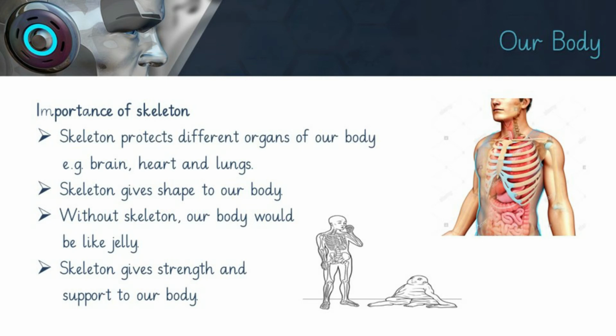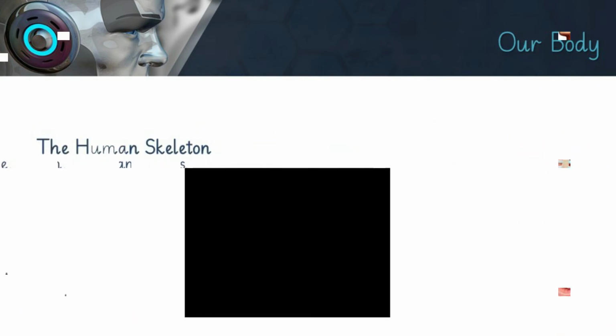I would like to refer to the previous lesson where we discussed the importance of bones. As without bones, our body would be like jelly. As skeleton is made up of bones, so without skeleton, our body would be like jelly. Skeleton gives strength and support to our body.